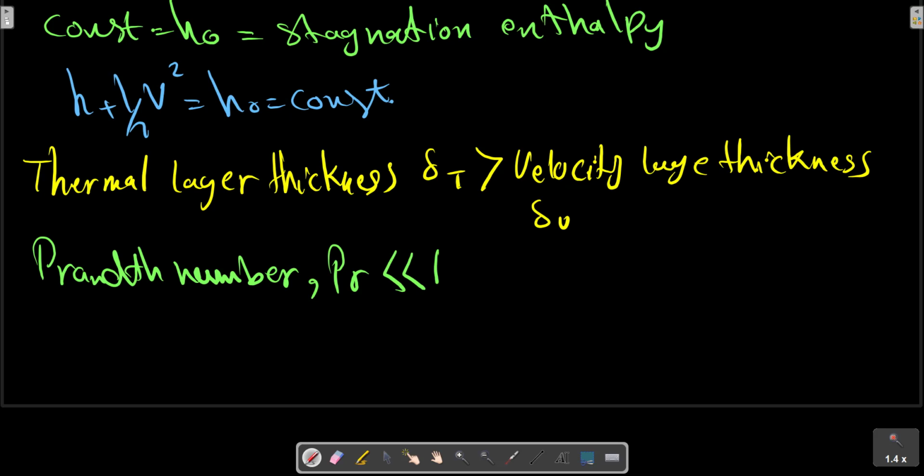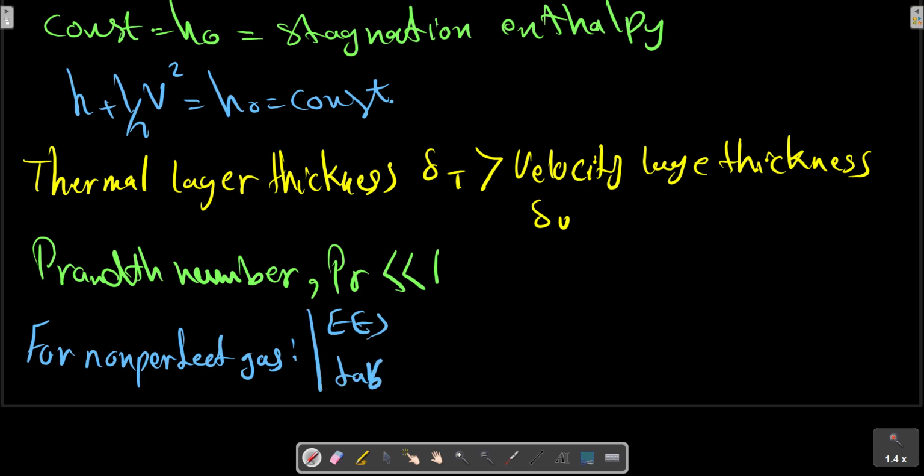For non-perfect gases, we may have to use EES, steam tables, or gas tables to implement this, but for a perfect gas we have a relation for h in this equation.